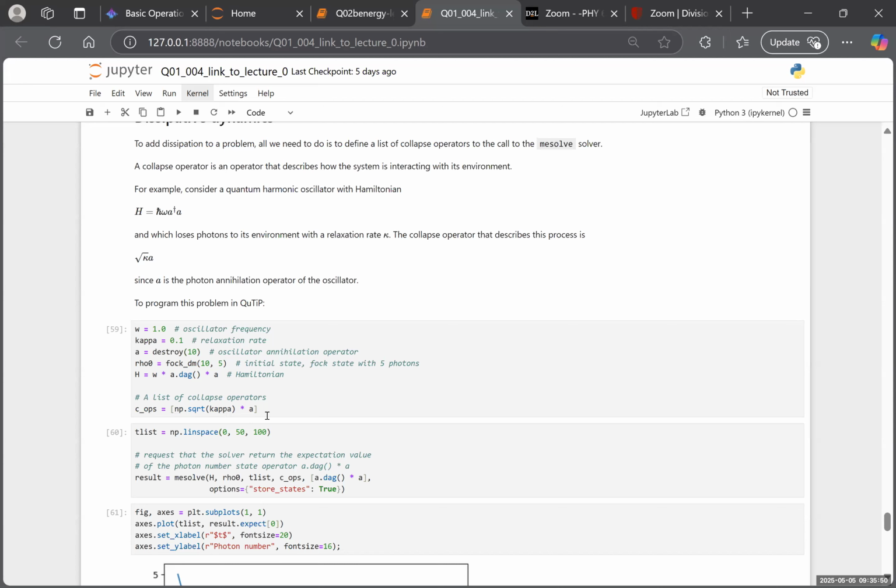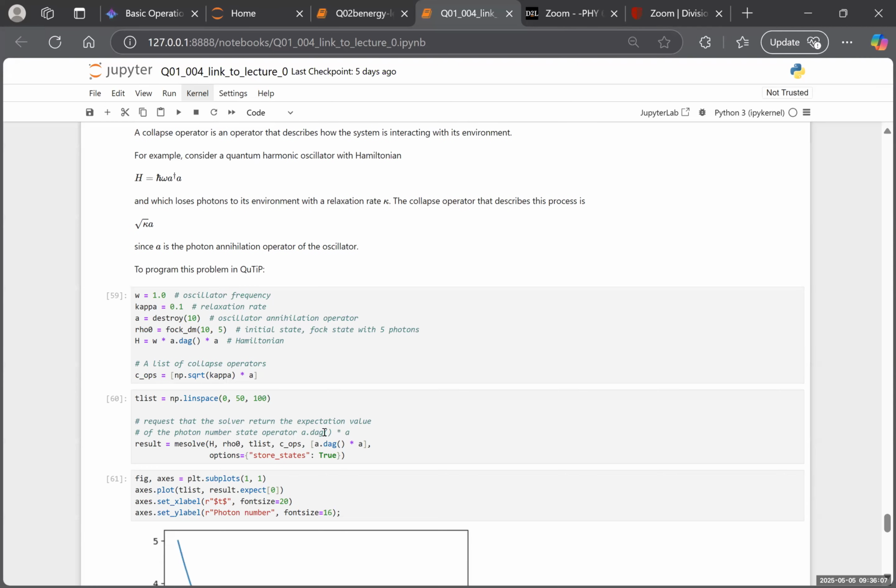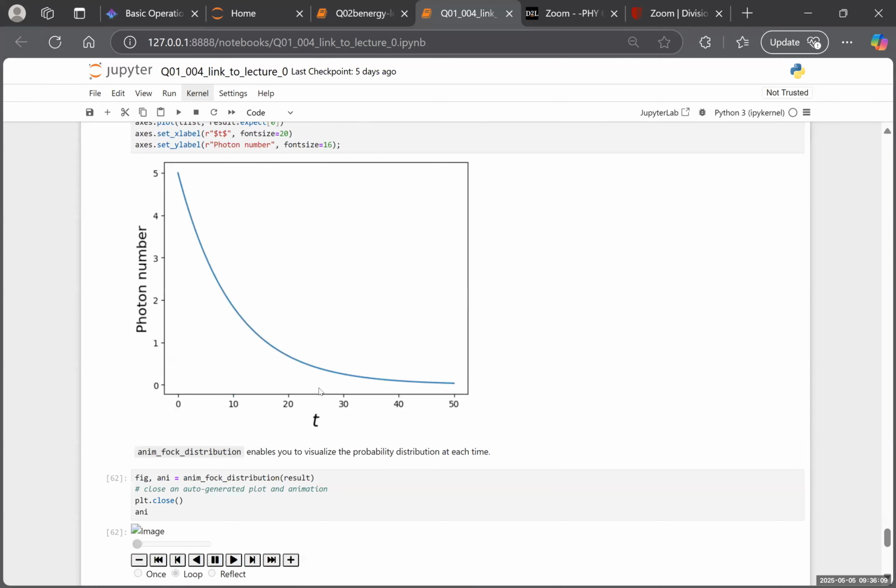This is a harmonic oscillator, so you can imagine you annihilate a photon. So this means it's coupling to maybe the environment, exchanging the energy. Yeah, and you can solve that.